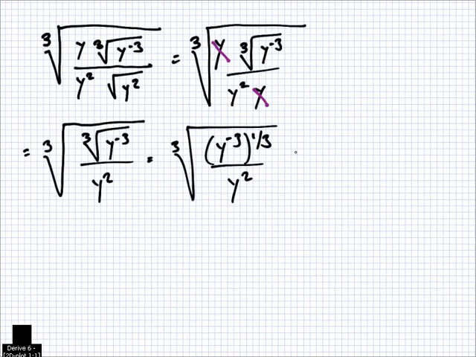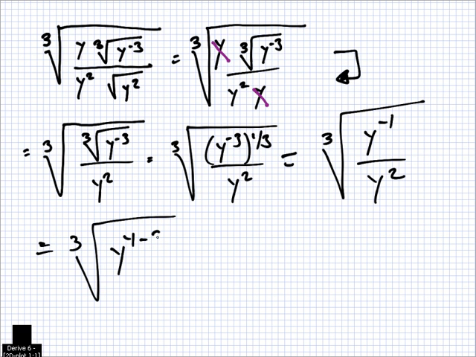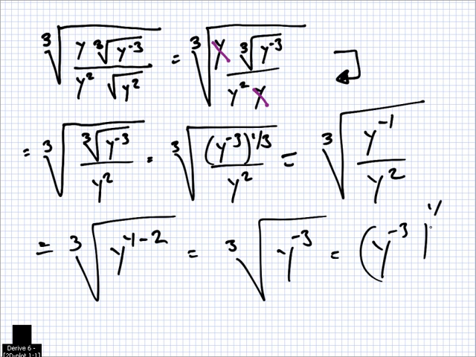Yeah, so this one here, next line, cube root y minus 3 times 1/3 is minus 1 over y squared. So when we divide, what happens to the powers? We minus them. So it's minus 1, minus 2. So that's a minus 3. Cube root y minus 3, which is y minus 3 to the power 1/3, which is y minus 1. The answer then for that.